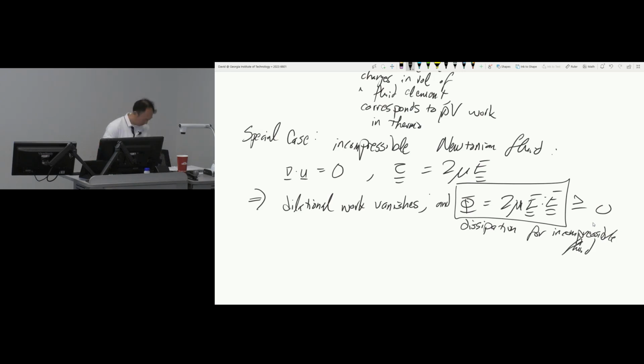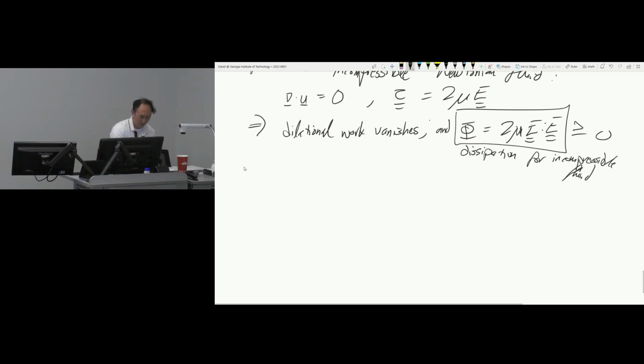So you'll be using this thermal energy equation.